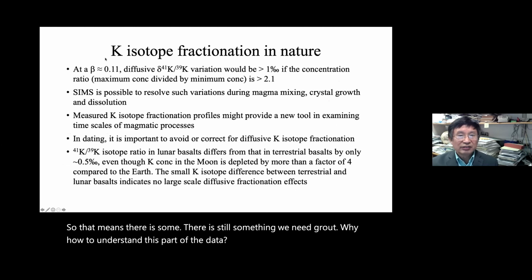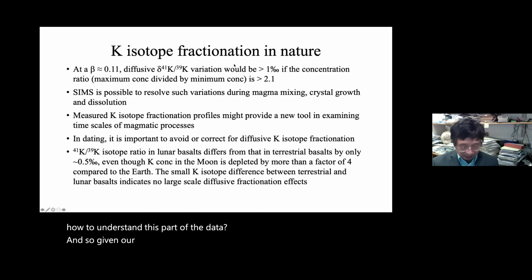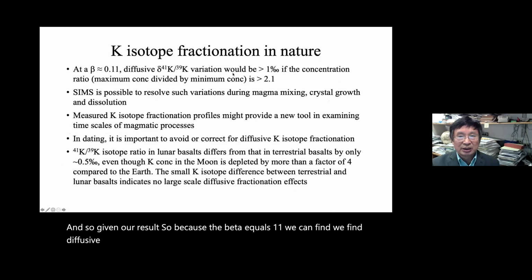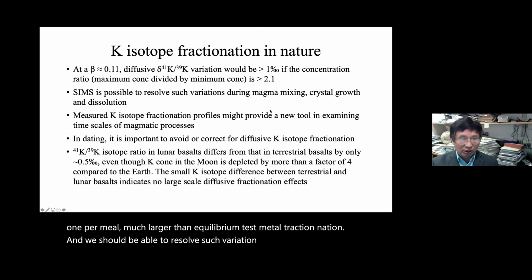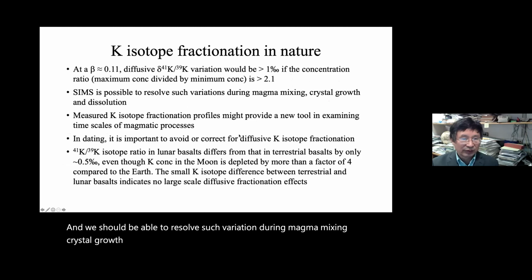And so given our result, because beta equals 0.11, we find diffusive potassium isotope variation should be measurable, greater than 1 per mil, much larger than equilibrium potassium isotope fractionation. And we should be able to resolve such variation during magma mixing, crystal growth, and crystal dissolution.